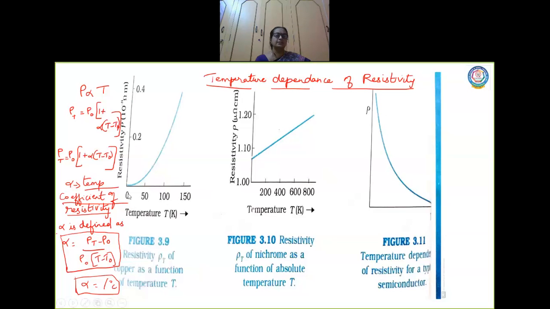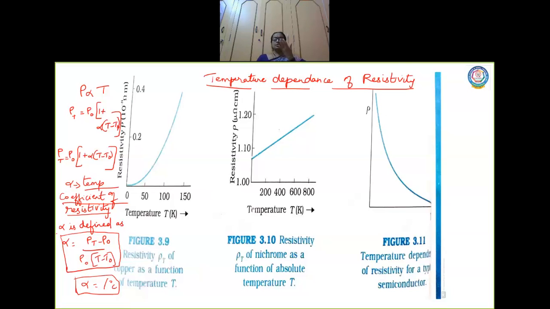Here the basic value of resistivity is considered to be 0, whereas here it is not 0. It starts with some value, right? There exists a non-linear region at very low temperature. They have a value for resistivity, and after that when you keep on increasing the temperature, the resistivity will increase. This is the second graphical representation.